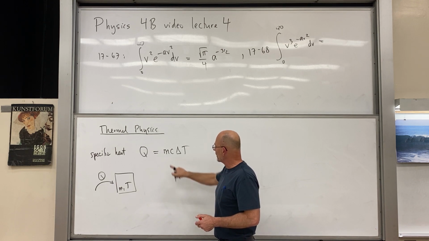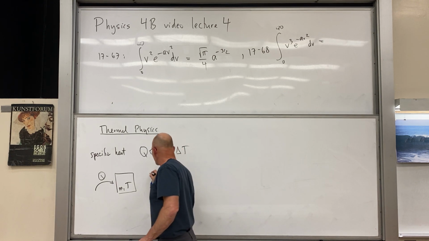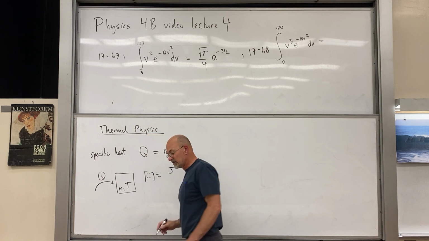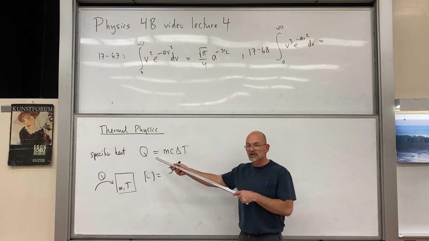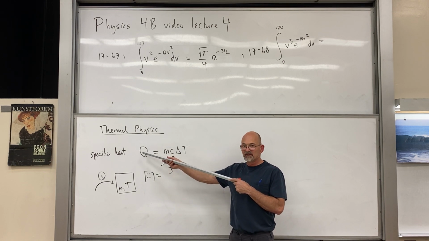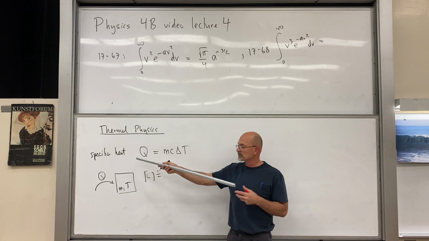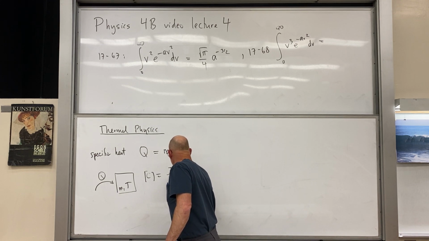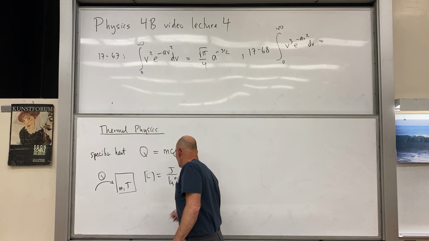Okay. And so m is mass, the specific heat capacity has the units joules, right? Because we had the mechanical equivalent of heat, and now we know that thermal energy can be measured in joules. Good. So joules per kilogram degrees Celsius.